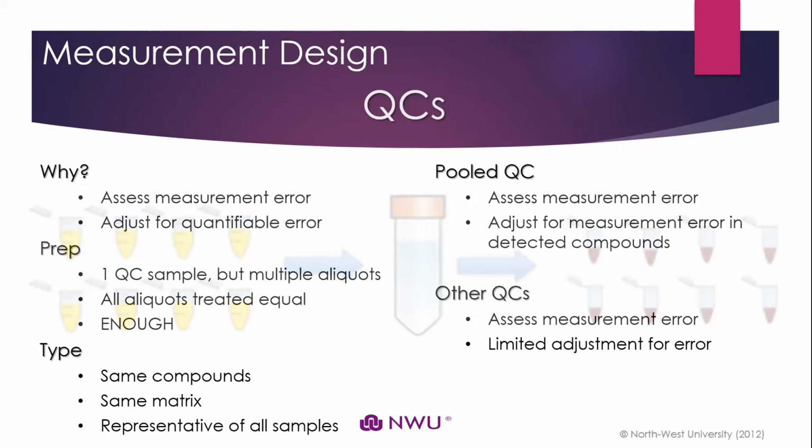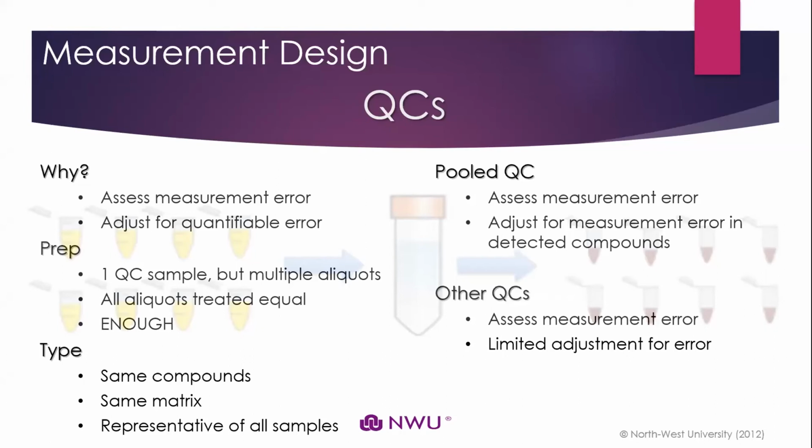And then obviously matrix. If it's in a completely different matrix, then it will respond differently to the prep as well as the analytical part. How the instrument interacts with the matrix is different, and that means that whatever correction or assessment you do is not really valid for your samples.